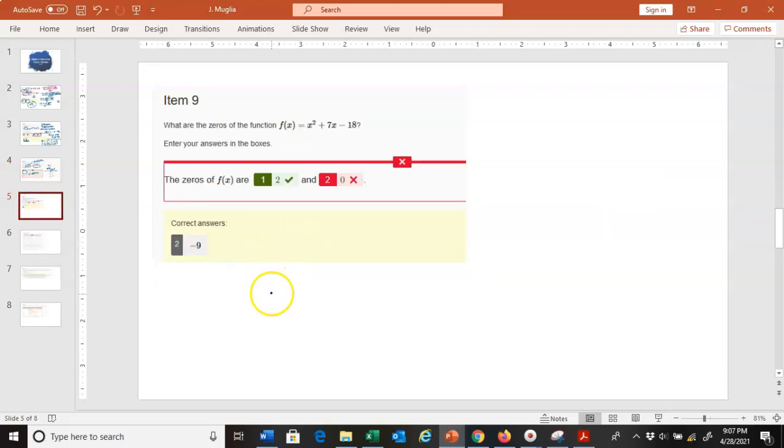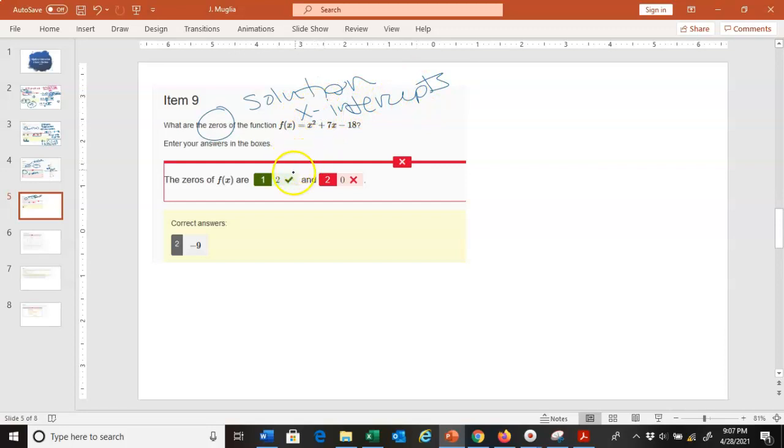What are the zeros of the function? Enter your answers in the box. All right, let's graph this and see. Now, a zero is another word for solution. Or, let's see, zeros, solutions, intercepts, x-intercepts.